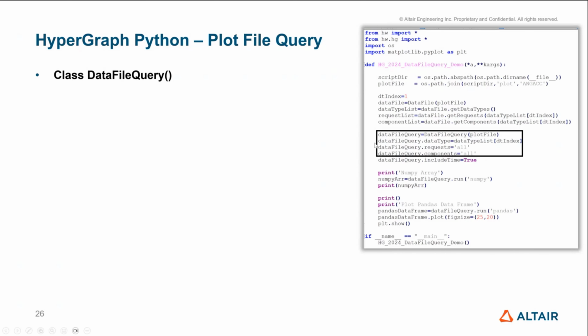You see above, I have the data file to get the channel information. Again, we have wildcard support. So I have to give the data file query a plot file, and then I need at least type request components from that I know for these values I wanted.